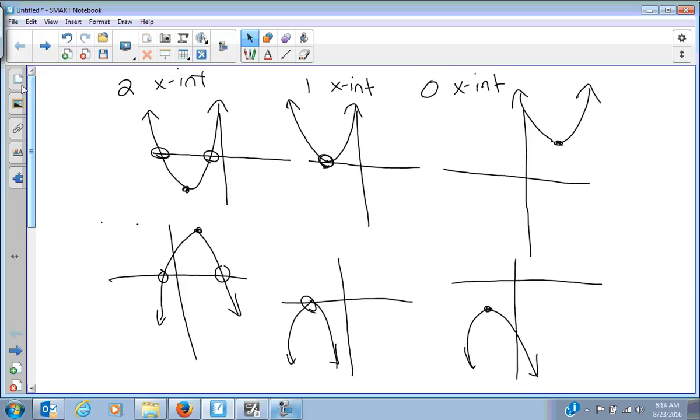When we get into factor form, I really need to hit why we know that there's going to be 2, how we know that there's going to be 1, and what happens when there's 0. They're called roots, and they have to do with the x-intercepts. So when we get to factored form, we're going to talk more about those, because in factored form, they kind of give us our roots right away. But remember, standard form doesn't.